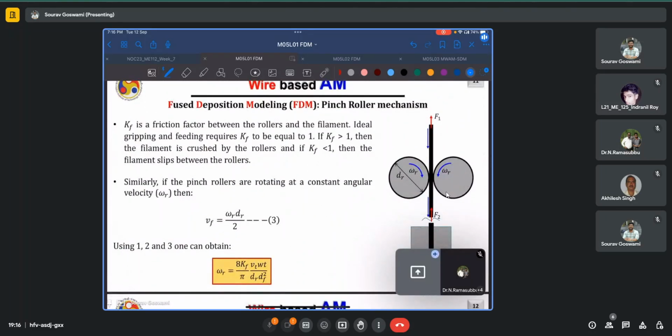In these calculations, we use something called KF, a friction factor, to account for excess or less than optimal friction conditions. Qualitatively, if KF is greater than 1, then we are applying too much force. If KF is less than 1, there are ample chances of slipping, so the amount of material extruded cannot be controlled properly, and it may be less or more than you need.